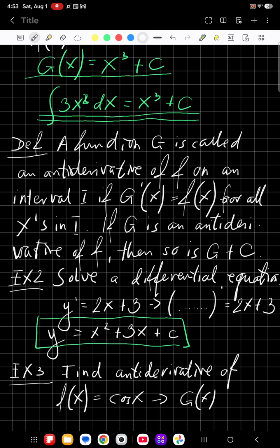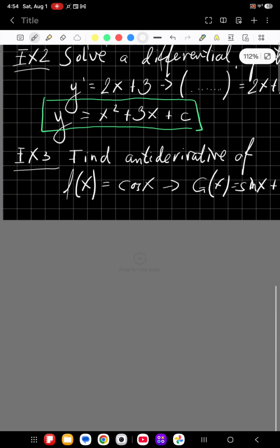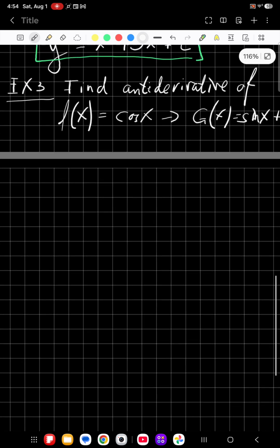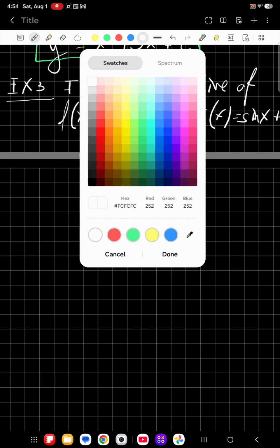We're thinking, what function, if I take a derivative of it, would give me cosine x? Well, it's sine of x. So we have sine x plus c. We always have that plus c because the derivative of any constant is just 0, and we don't know what that constant is. So we need to include it as just that c.